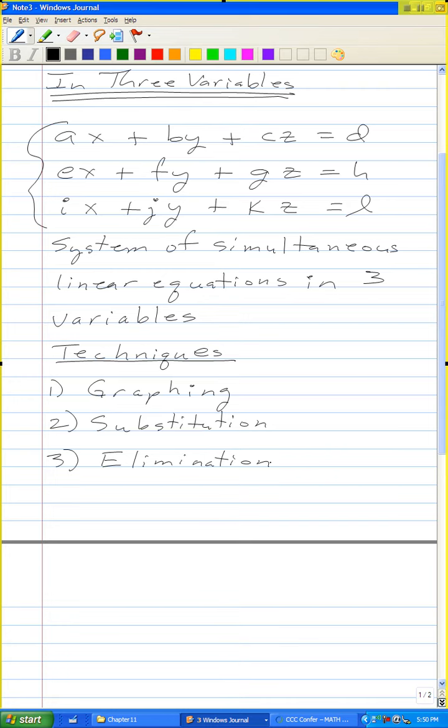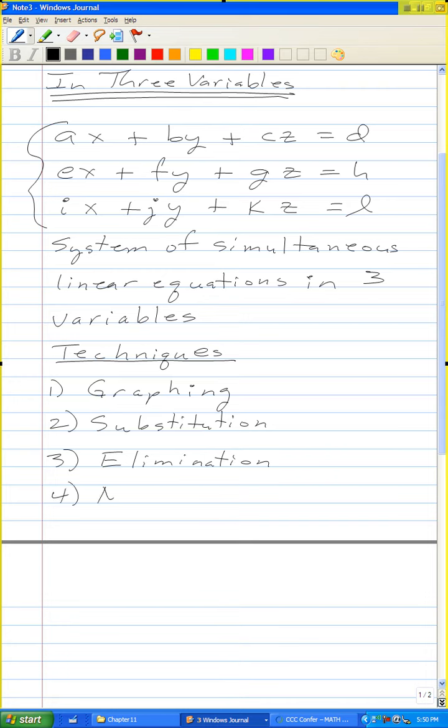We'll mostly be using elimination, but the elimination is a little complicated. So we'll actually give you some hard rules to say this is how you should be solving the system so that you don't get lost in all the options available to you. So you do it this way, and if you only do it this way, then you won't get confused, and that's how you'll solve these systems.